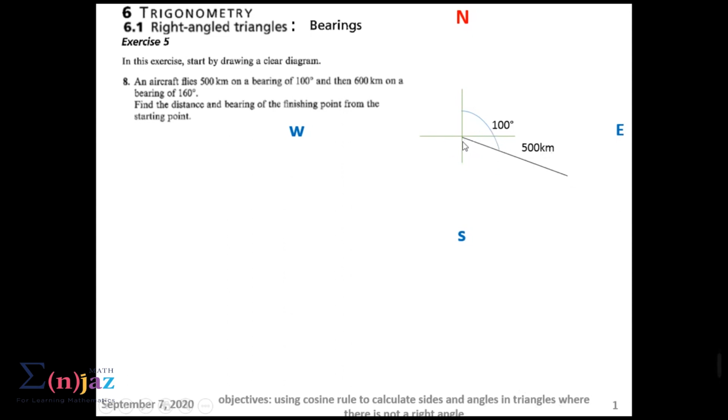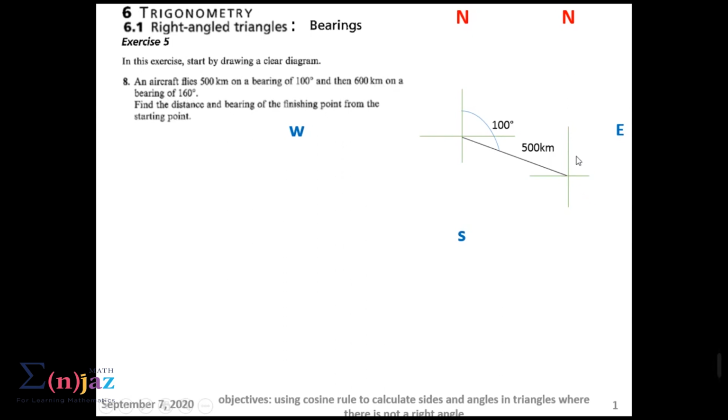Now, once you draw the first part, and if the question carries on, then at each ending point you must draw the coordinate plane once again, as follows. So, the new bearing is 160 degrees. Again, the bearing is from this ending point, so from the north, clockwise.